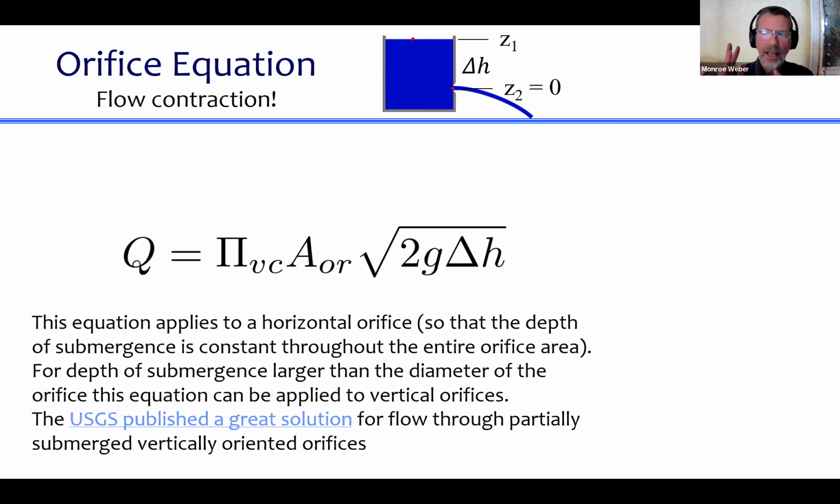So if the orifice is well submerged, by more than about one diameter, then this equation works reasonably well. And if you want to be fussy about what happens if the orifice is only partially submerged, then there's a lovely link there for an equation. You have to integrate over the area of the actual orifice opening where water is flowing to get the flow rate.